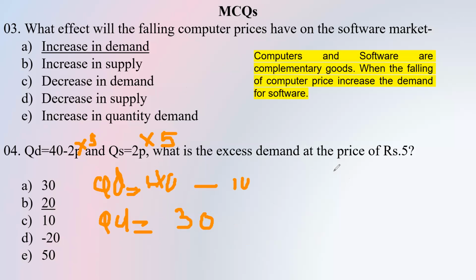Then QS is equals to, directly you can substitute instead of P the 5. පහ වෙනුවට P වෙනුවට 5 ආදේශ කරන්න පුළුවන්. 5 ඈර් දෙක 10, QS සමානයි 10. එතකොට ඉල්ලුම 30යි, සැපයුම 10යි. අද ඉල්ලුමක් තියෙනවා කීයකද? 20ක. Right? So 20 is the answer.